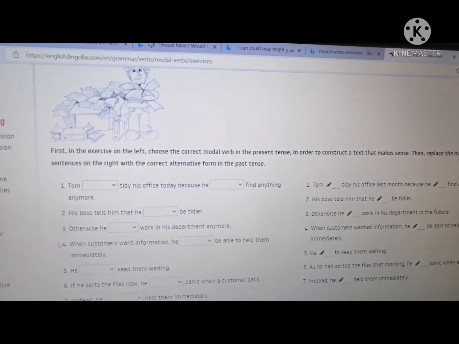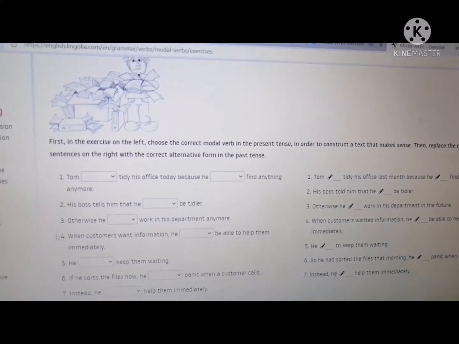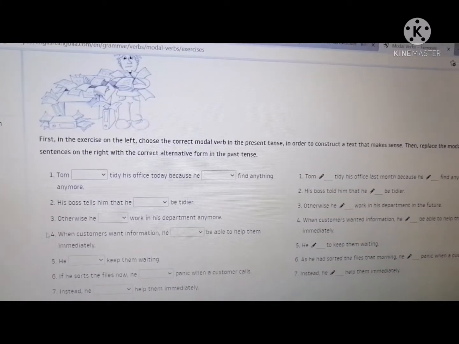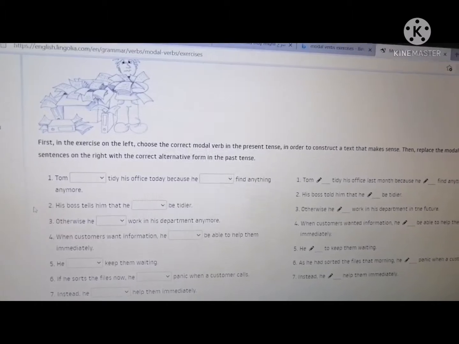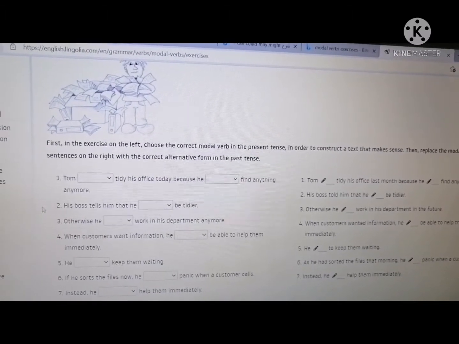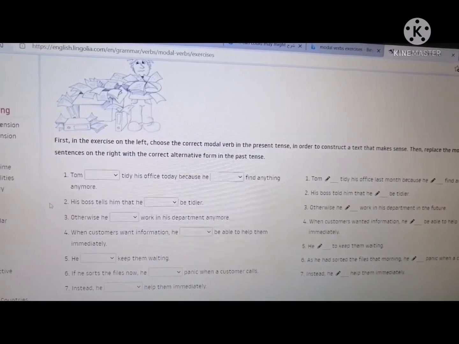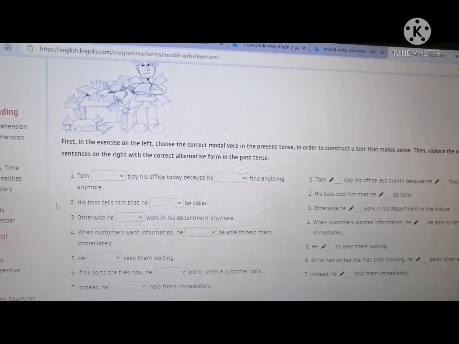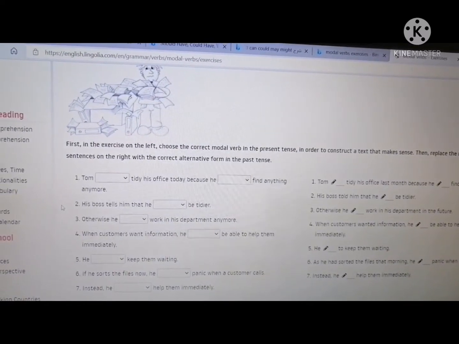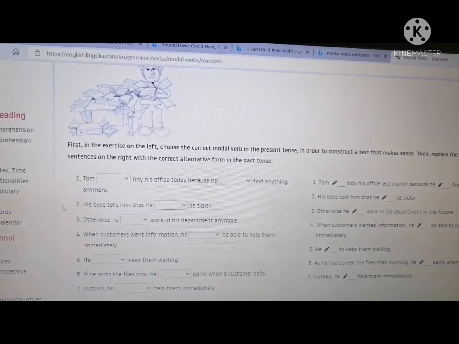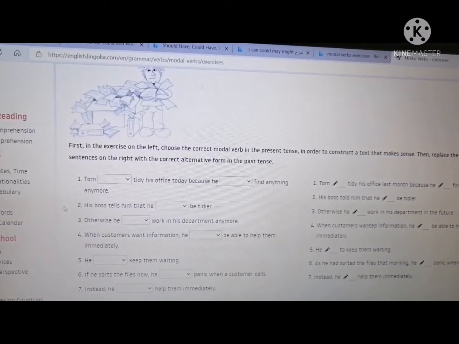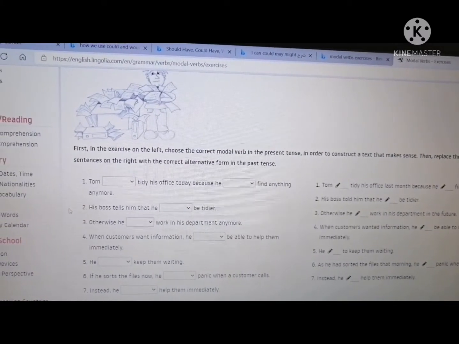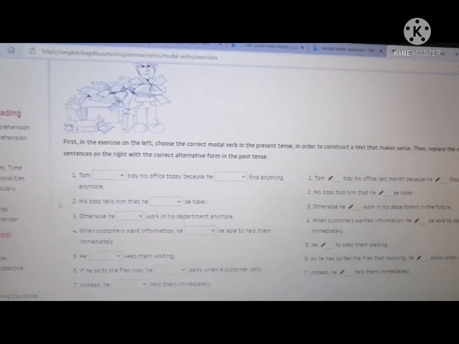Number 4, when customers want information, he blank be able to help them immediately. Number 5, he blank keep them waiting. Number 6, if he sorts the files now, he blank panic when a customer calls.